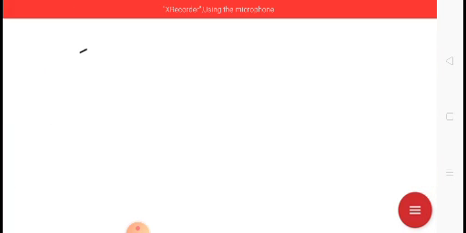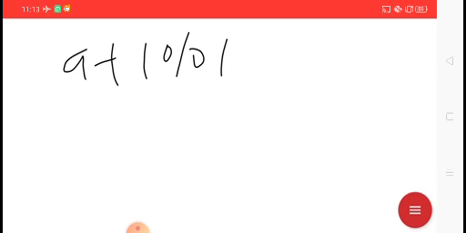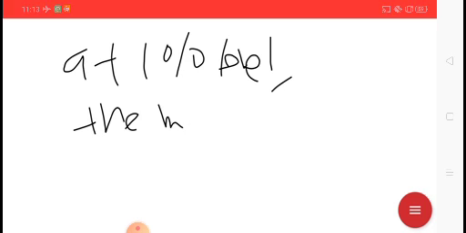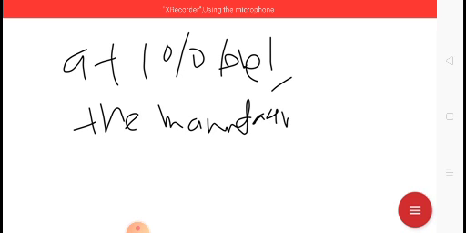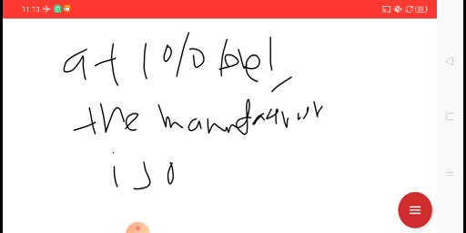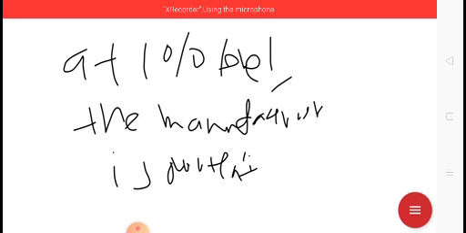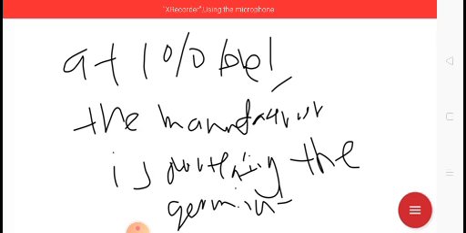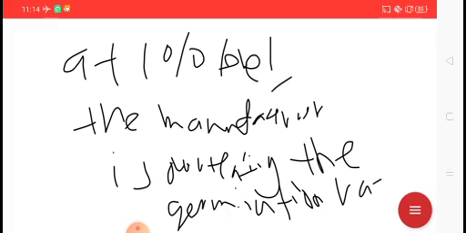So you can say at the 1% significance level, the manufacturer is overstating the germination rate.